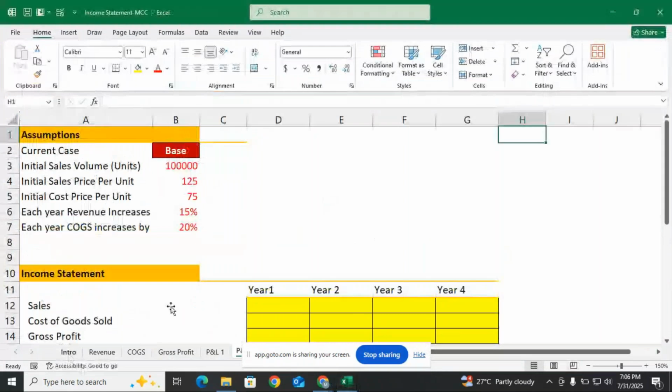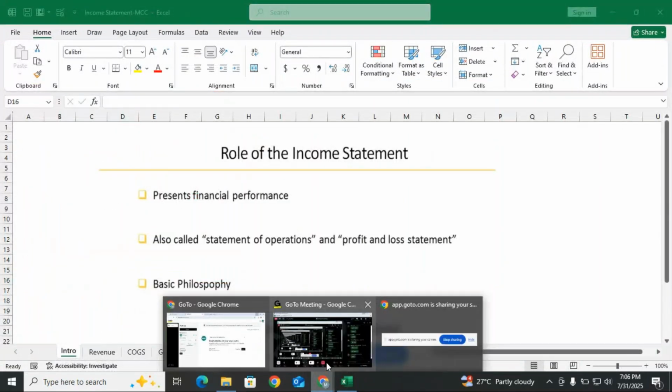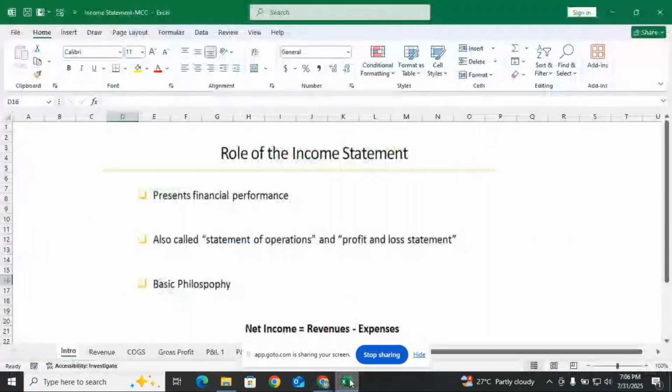So you come to the first page, which is the introductory page. Basically, what role does this income statement play? It presents the financial performance of a business. It will help me analyze the current financial position of my business and take my business decisions in a better way.